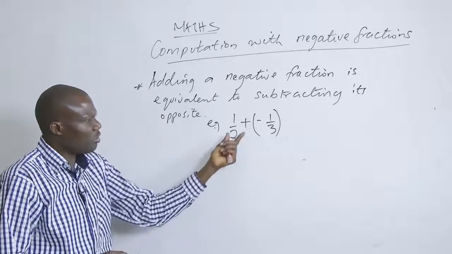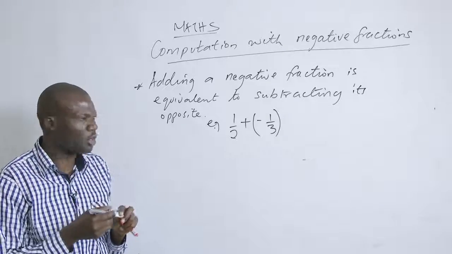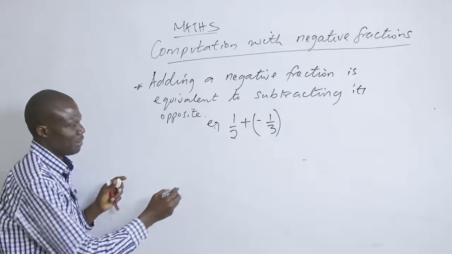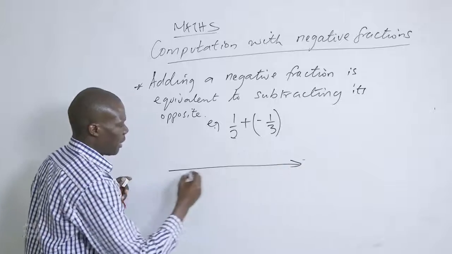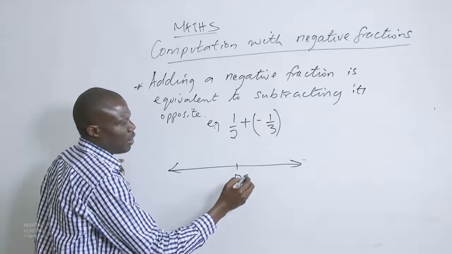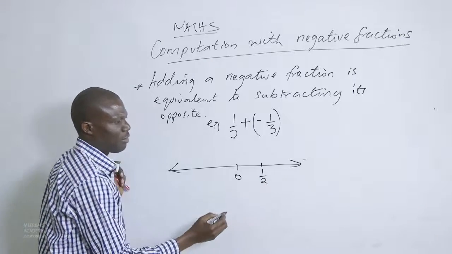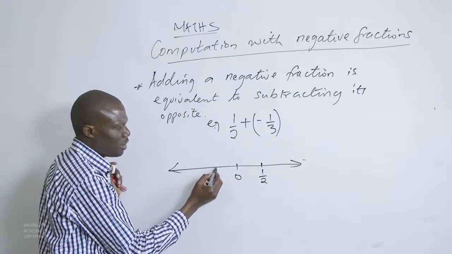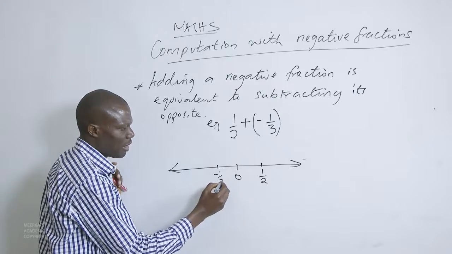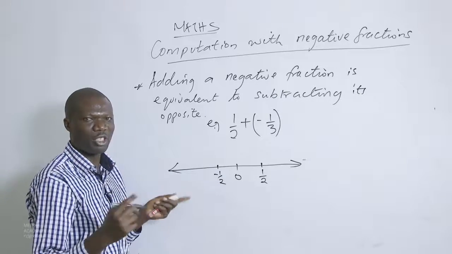Now, when you talk of its opposite, just the way we saw in the number line, just to illustrate the number line first. If we have our number line here, this is 0, we can have here a positive half. The opposite of this one is here, which is negative a half. So each fraction has got its opposite.